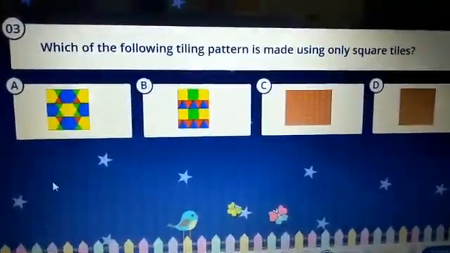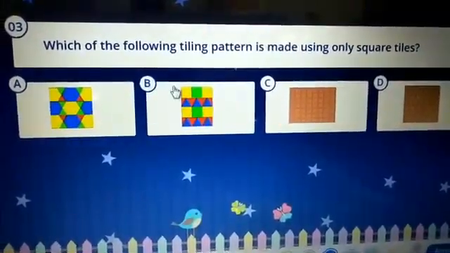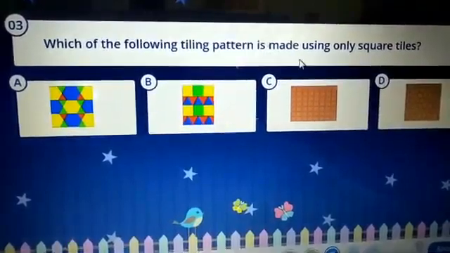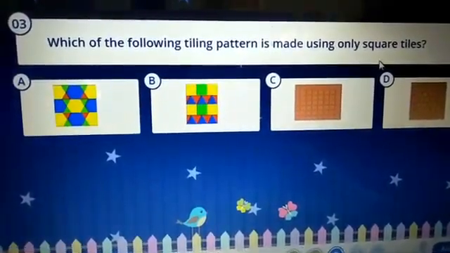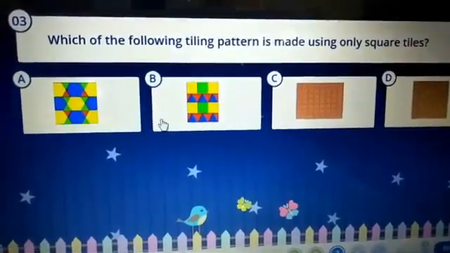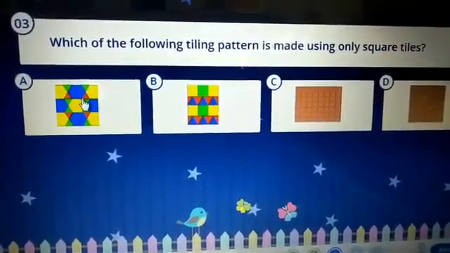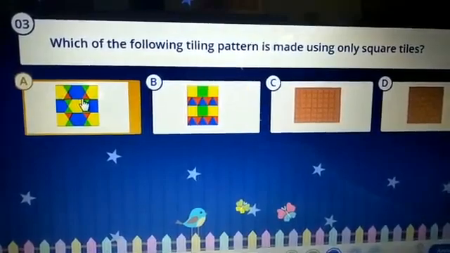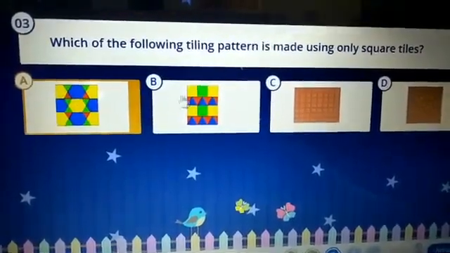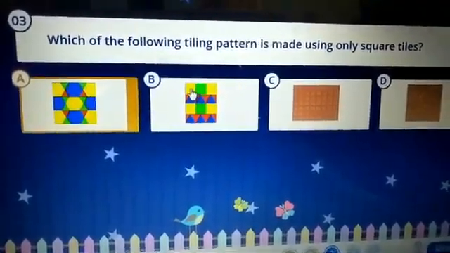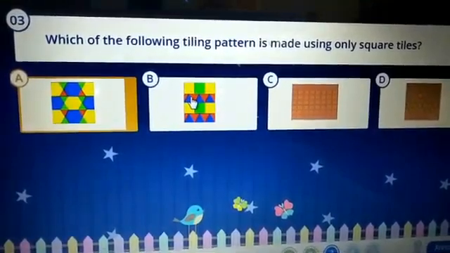The third question, which of the following tiling patterns is made using only square tiles? See here, is there any square? No. This is a square, but here a triangle also.